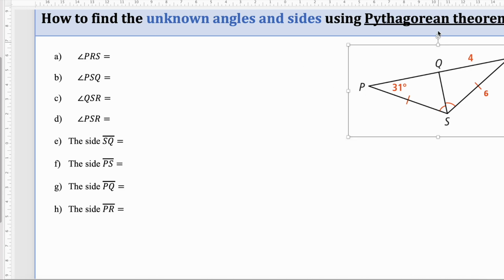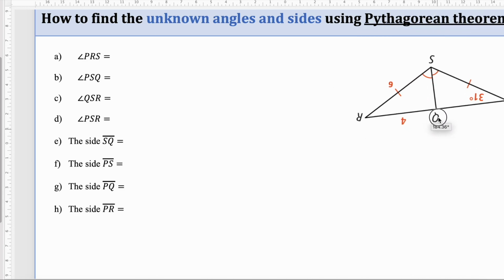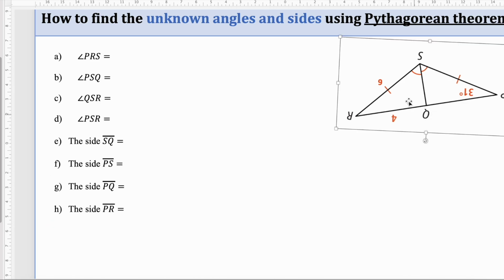Let's take this example, but I'll do it faster than before. So just so we can see the numbers clearly, that's a 6, that's a 4, and that's 31 degrees. Okay, so as I said, once you are gonna work with angles, hide all the sides.